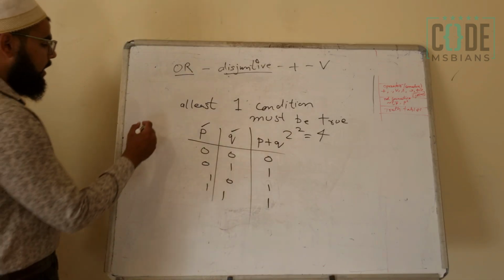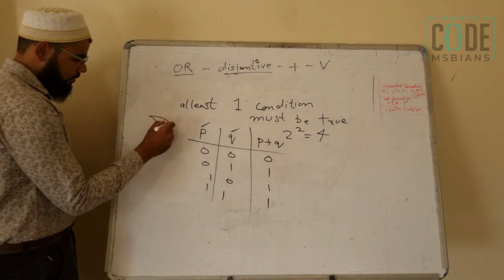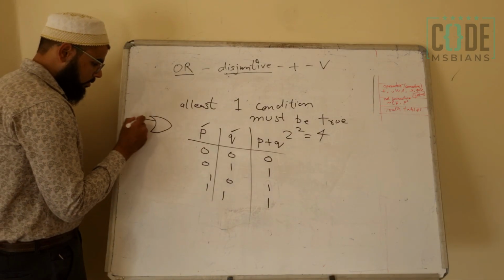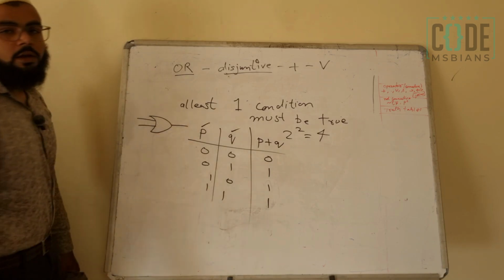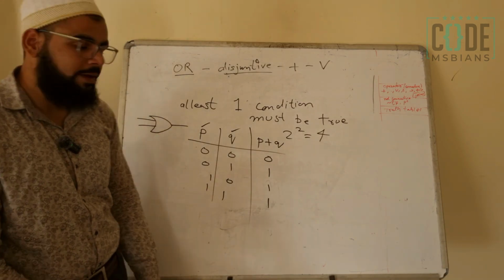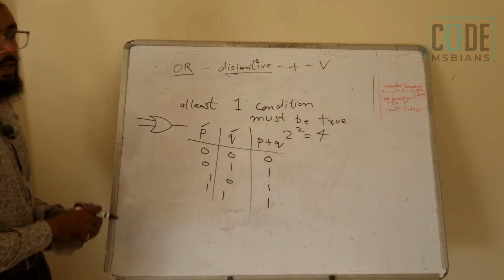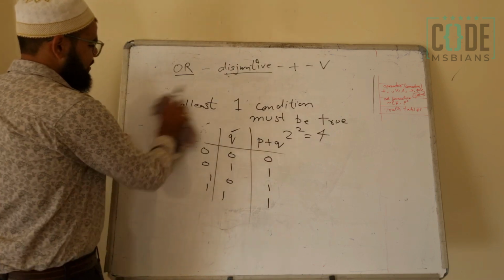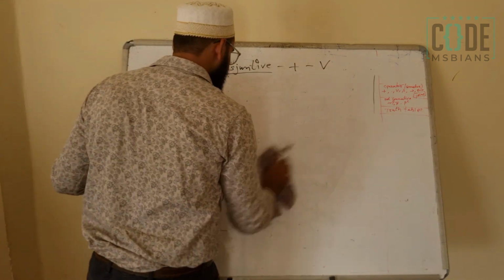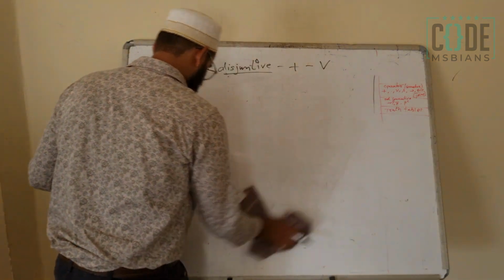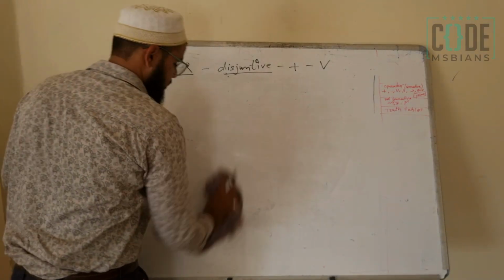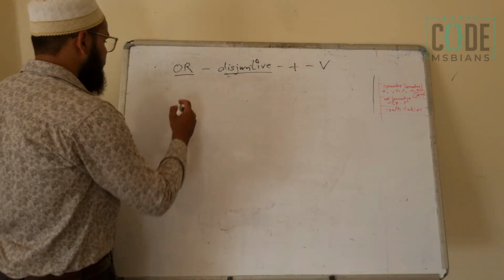In logic gates, with the help of this sign, we represent this operator. Okay, so now let's discuss the next one, and my favorite, implication. All right, so I'm doing implication now.